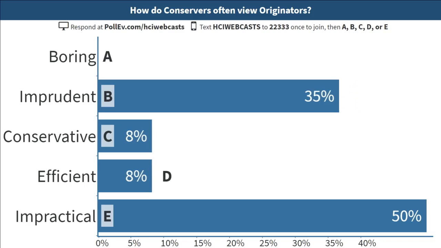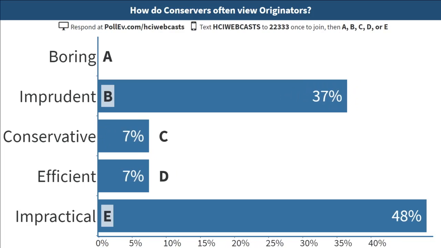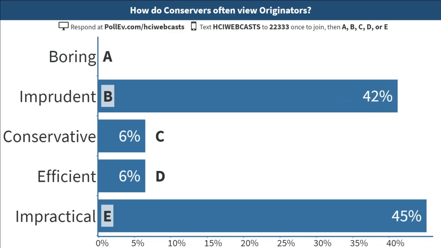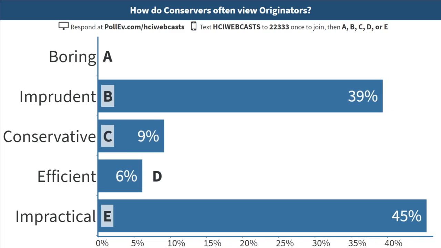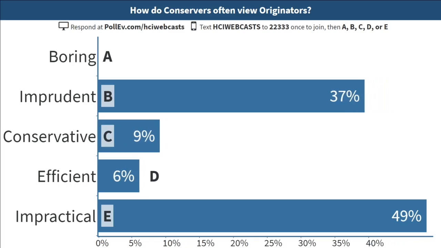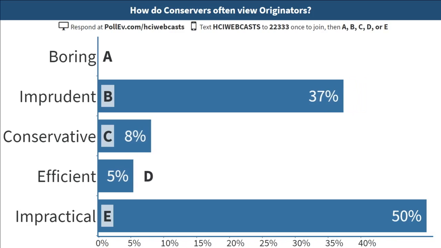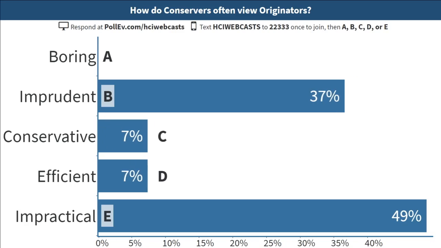Most of the time, and so as we see as the data are coming in, that's terrific. You've got imprudent and impractical are certainly on that list, because part of my conserver outlook is that these originators aren't being careful, aren't being cautious, and are certainly wasting time engaging with ideas that aren't going to yield results.